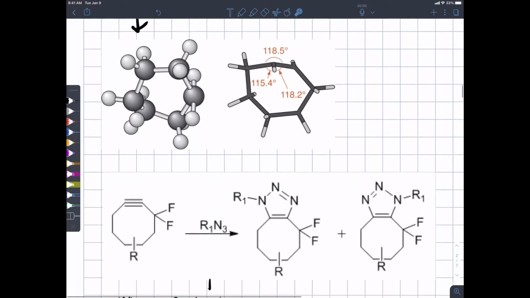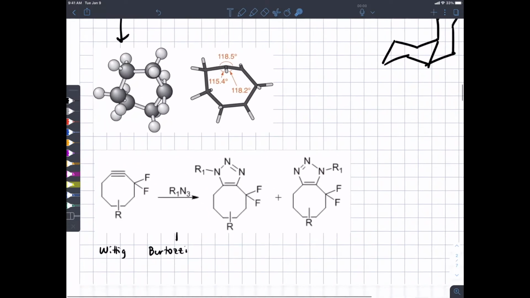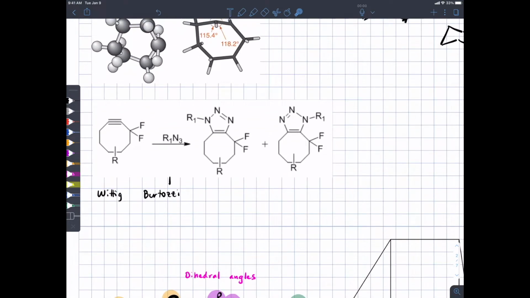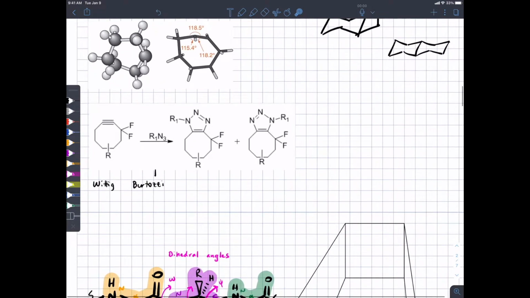organic chemistry. So, years ago, there was a study about a cycloaddition that was called the Huisgen cycloaddition.